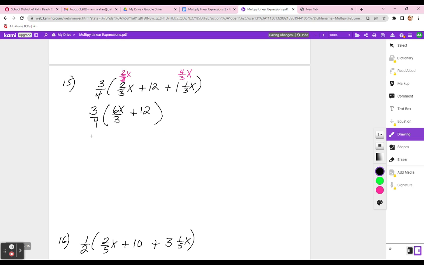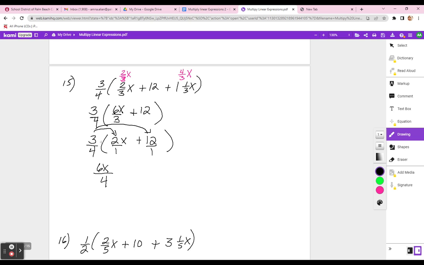Okay, I can even simplify that some more if you want to do it that way. That gives us 2x plus 12. Okay, now we can just distribute the fraction. You can turn this into a fraction if you want. 3 times 2x is 6x. 4 times 1 is 4.